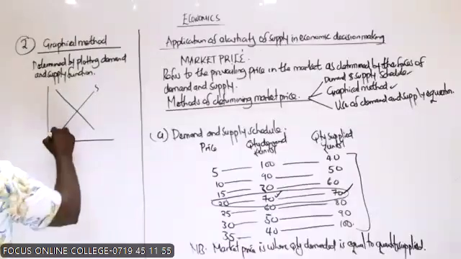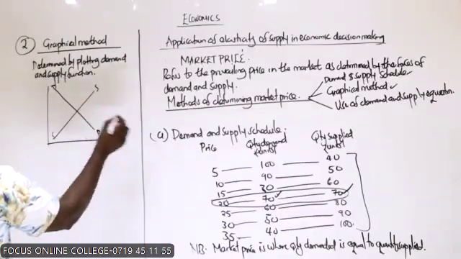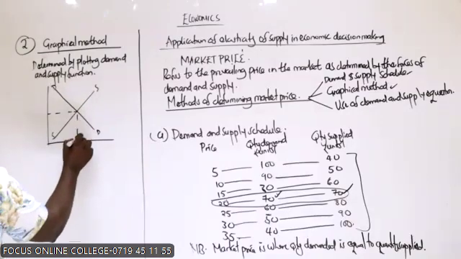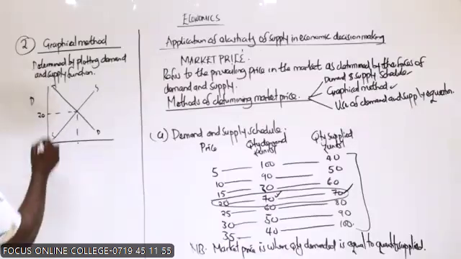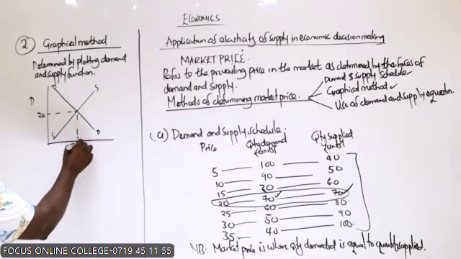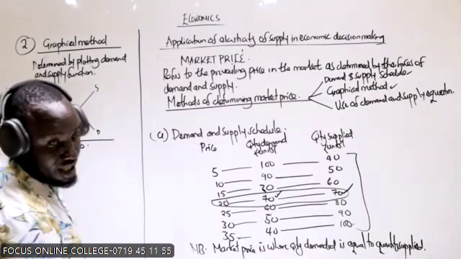This is supply, this is demand. If we plot it effectively, the price is going to be 20 and the equilibrium quantity is going to be 70.